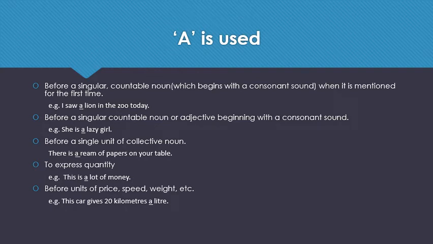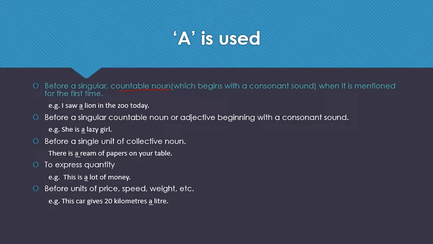A is used before a singular countable noun which begins with a consonant sound which is mentioned for the first time. When we are talking about something for the very first time, in that case we use a.